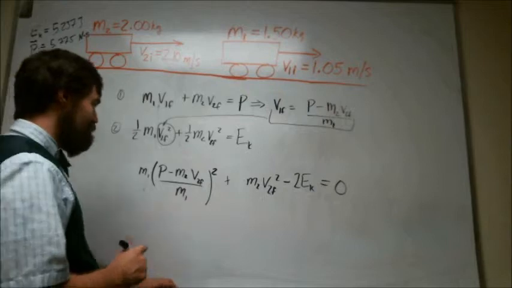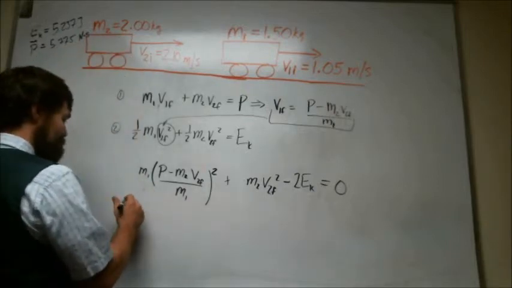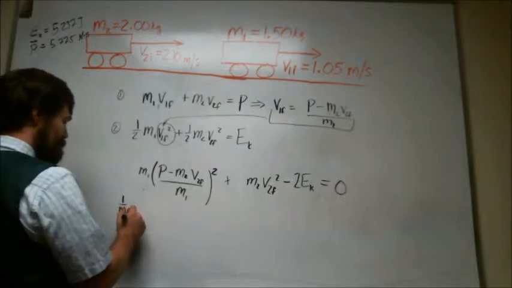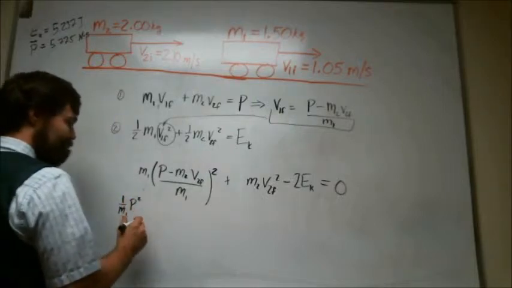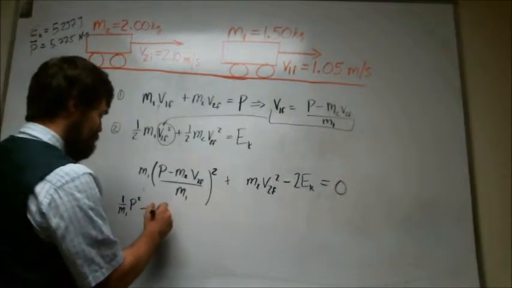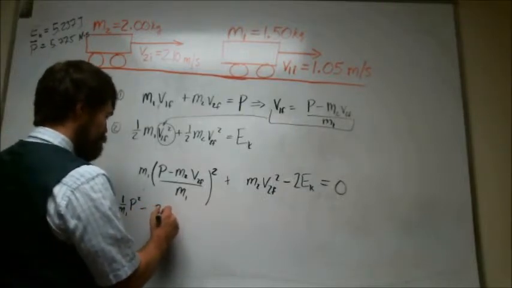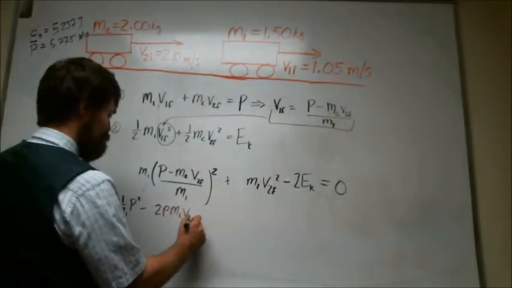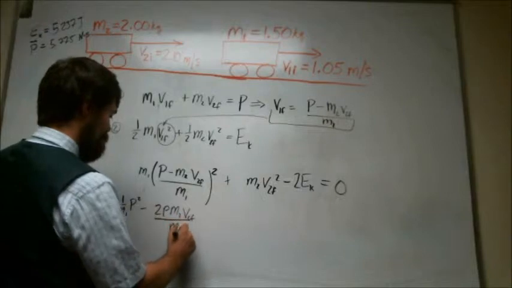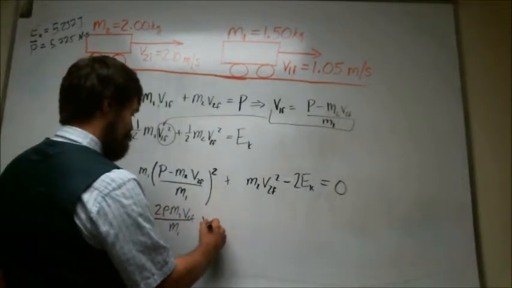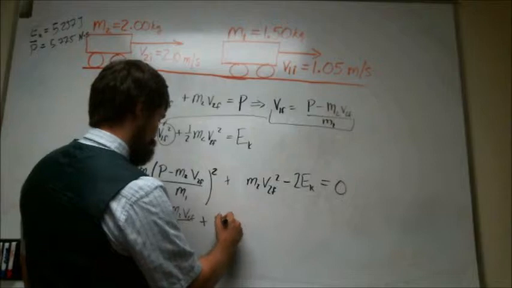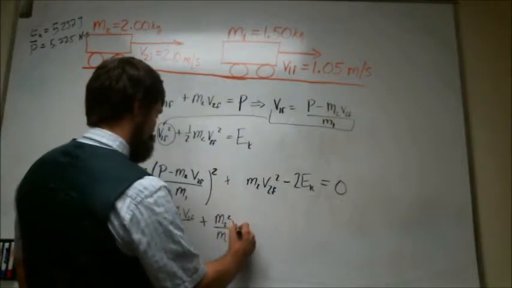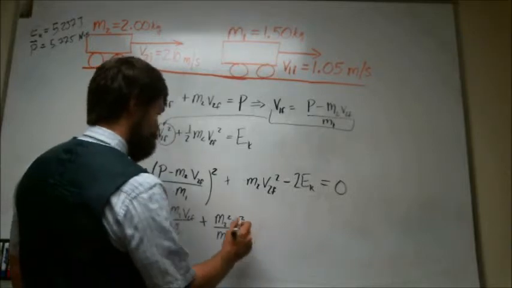This thing right here I should multiply out is going to look like 1 over M1 times P squared minus 2 P M2 V2F over M1 plus M2 squared over M1 V2F squared.